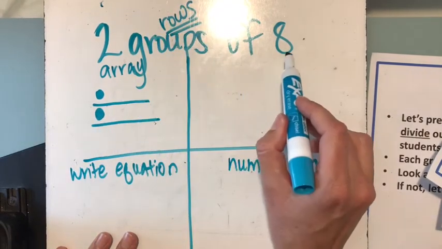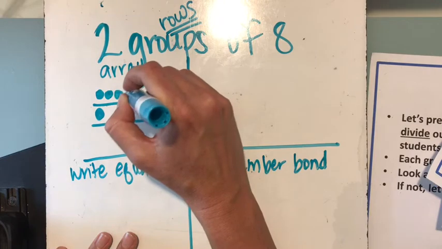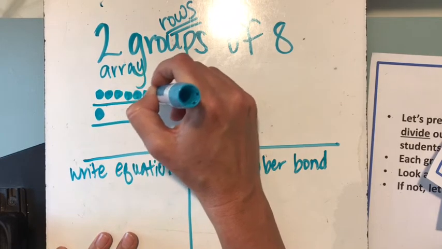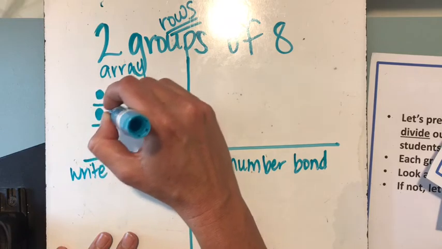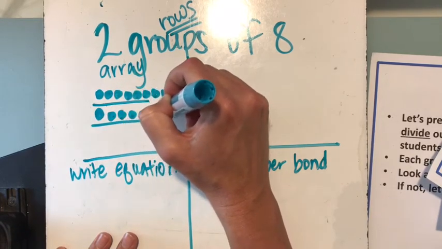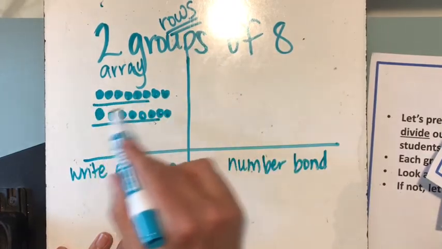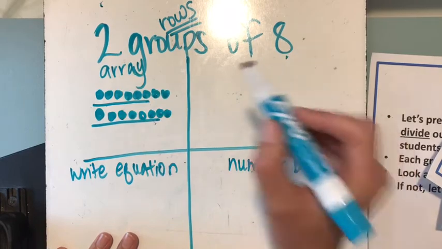Now I'm going to fill in each row. 1, 2, 3, 4, 5, 6, 7, 8. So you should have put 8 in the first row. 1, 2, 3, 4, 5, 6, 7, 8. So now I have 2 rows of 8, or 2 groups of 8.